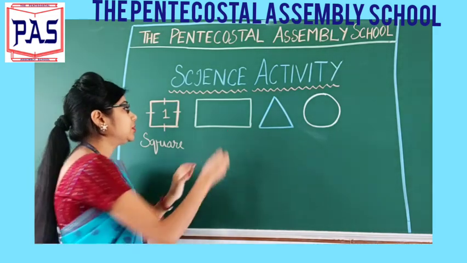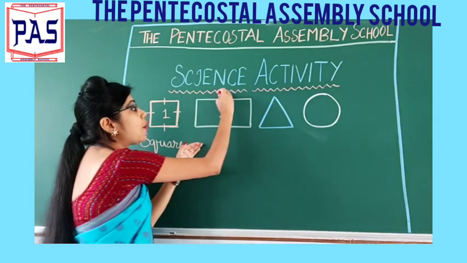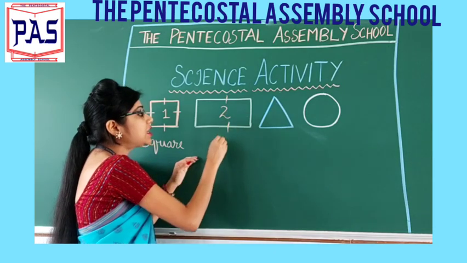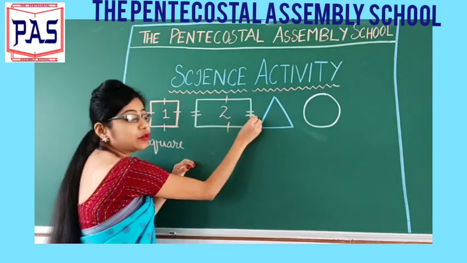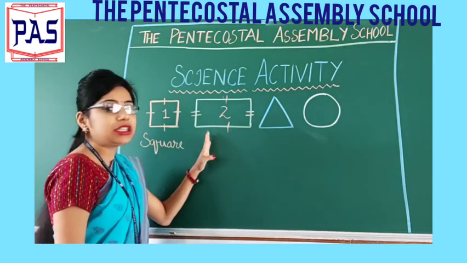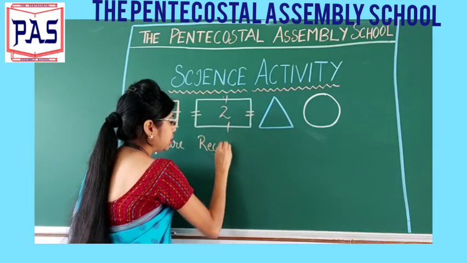In the next picture, figure 2, you can see that the opposite sides are equal. This side is equal to this side and this side is equal to this side. So this figure is called a rectangle.